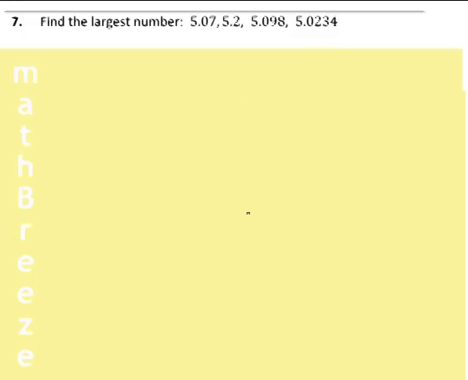In number 7, we want to find the largest number. So we're going to go back to our technique of lining up the numbers with the decimal places lined up. Make sure every digit's lined up underneath the one above.